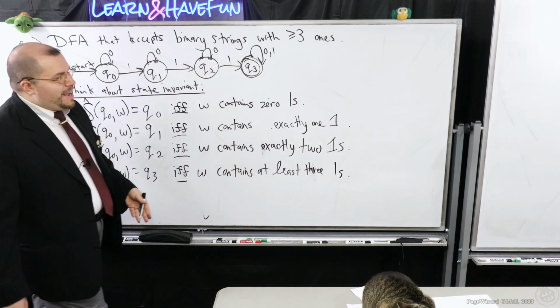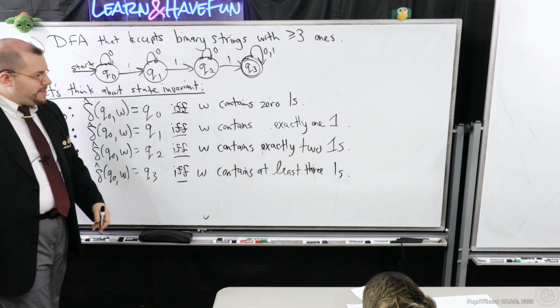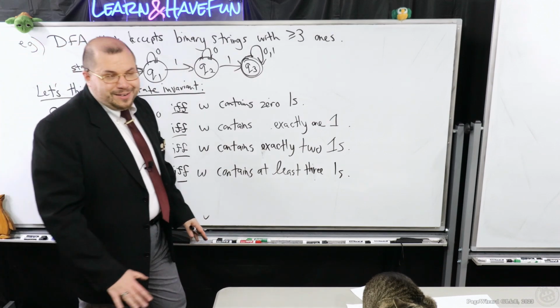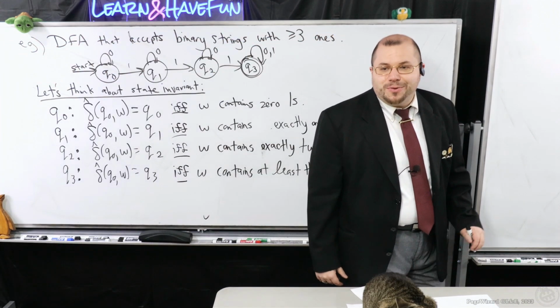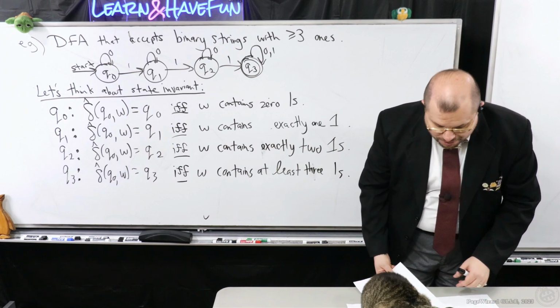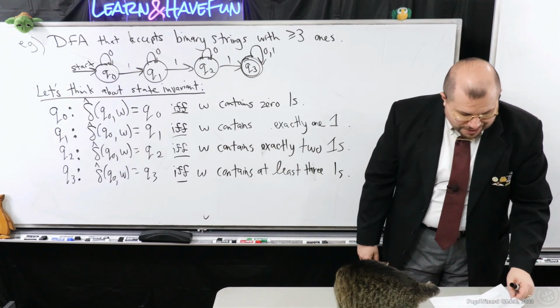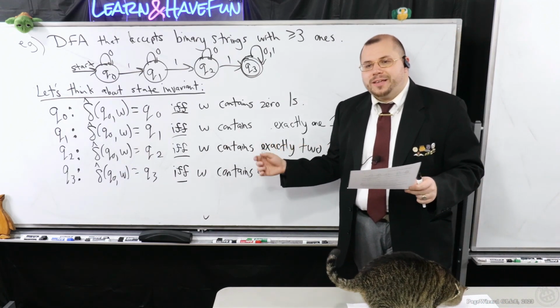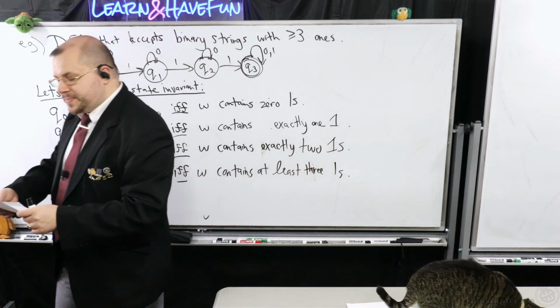So you can see that any binary string would fall into any one of these, but I've covered them all, right? There can't be a binary string that doesn't fall into one of these buckets. Likewise, they're all their own thing, right? So just please be careful about that when you're thinking about your state invariants.